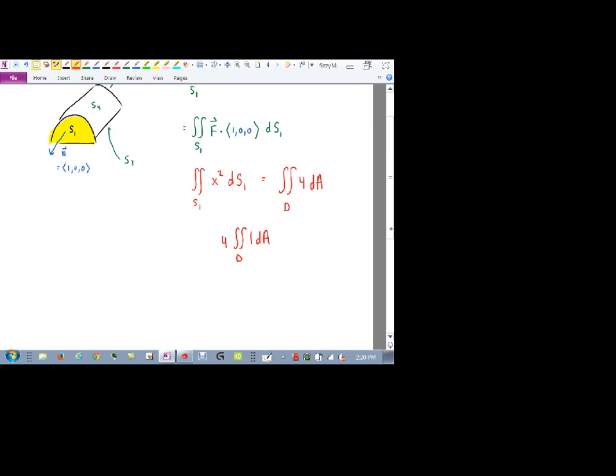The radius of that circle is 1, so S1 has an area of pi over 2, but then times 4. So you get 2 pi. This is 4 times pi over 2. That's how we get that. This is the area of S1.